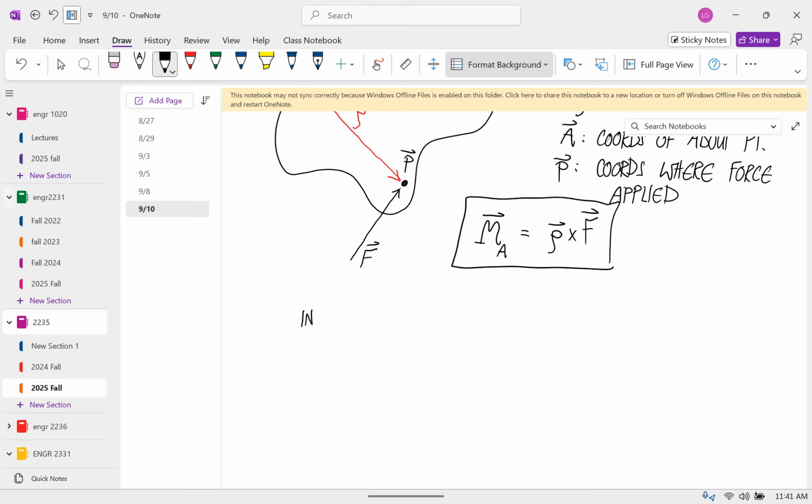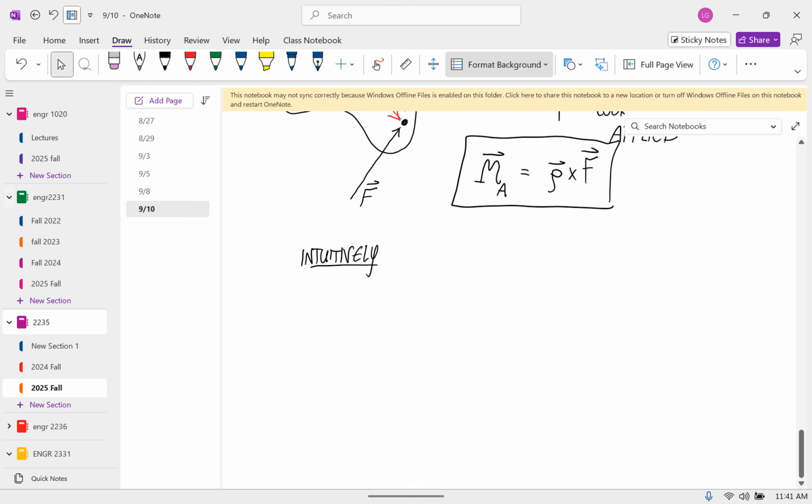So intuitively, here's what a moment is. Like if you're trying to turn a bolt that's stuck with a wrench.